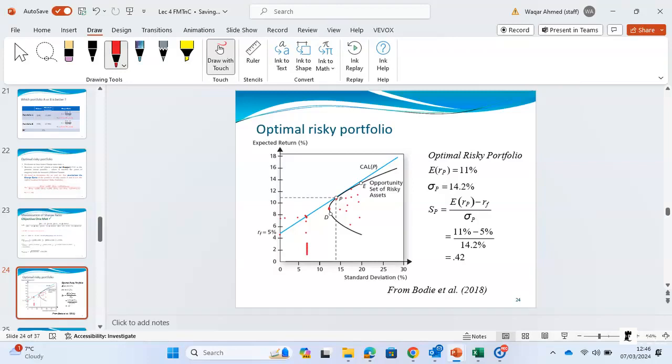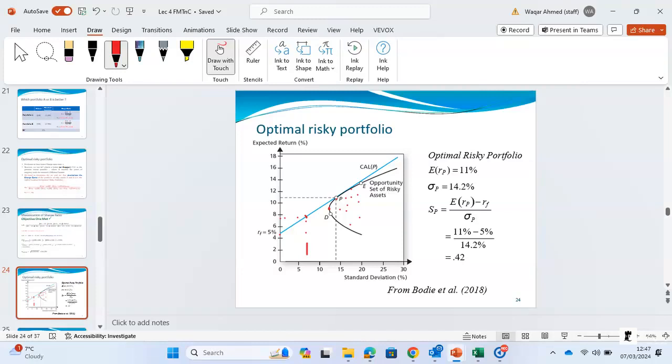Okay, so now you can see by introducing a risk-free asset, you can create portfolios outside this efficient frontier as well. So you can have a portfolio which can potentially lie on this blue line, right?